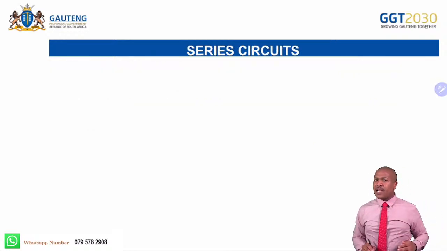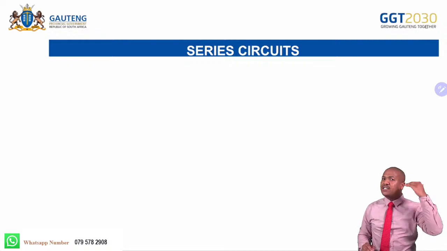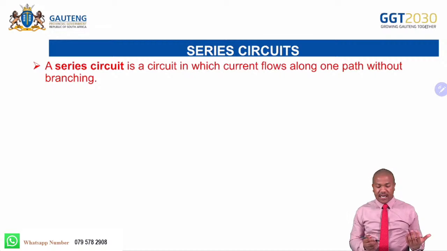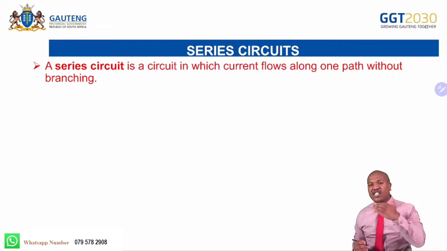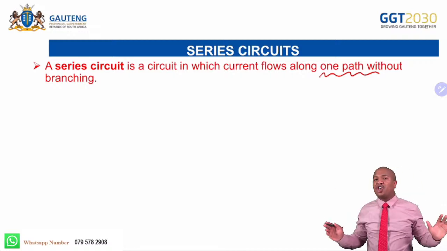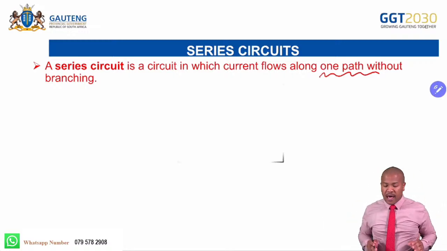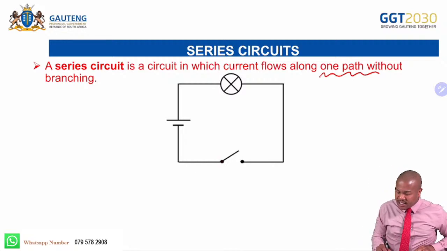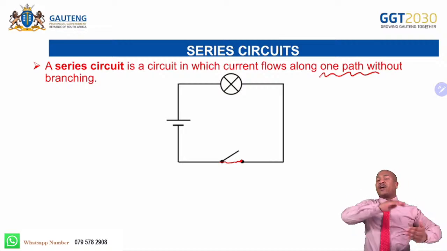Series circuits. Let's start by redefining again what? Series circuits. We said that a series circuit is a circuit in which current flows in one direction. It follows one pathway without branching or dividing. And here is an example of a series circuit. So now, let's say this is a closed switch and we have current flowing.